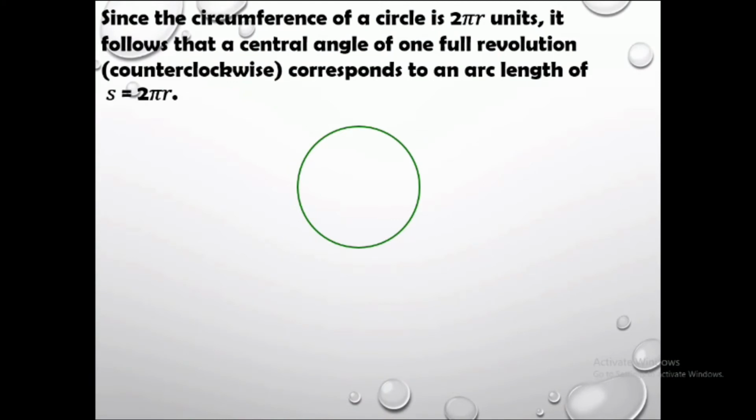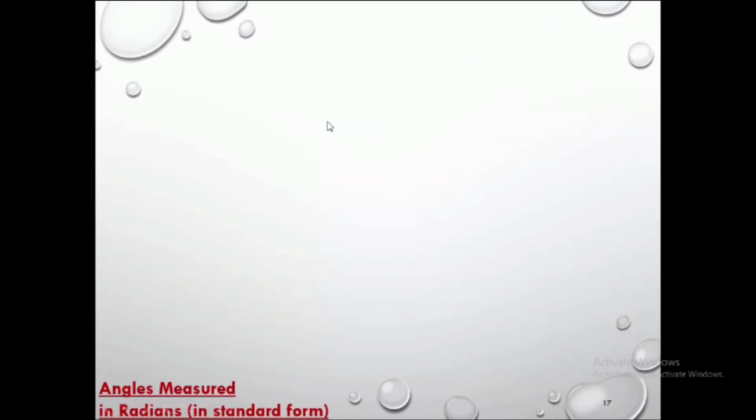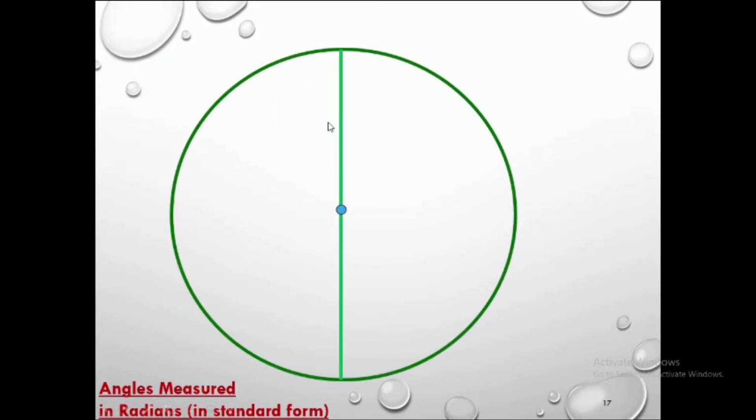Since the circumference of a circle is 2 pi r units, it follows that a central angle of 1 full revolution counterclockwise corresponds to an arc length of S equals 2 pi r. Also, the radian measure of an angle of 1 full revolution in a unit circle is 2 pi.